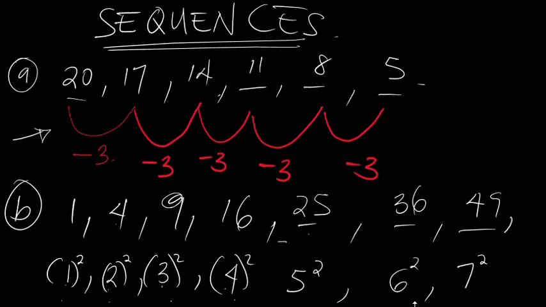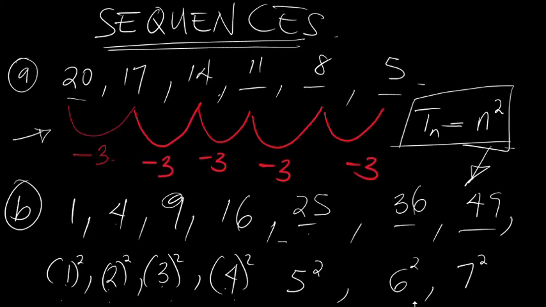So the nth term of this particular expression will be n to the power 2. If I want to express it in terms of a formula, that is, in terms of a function.